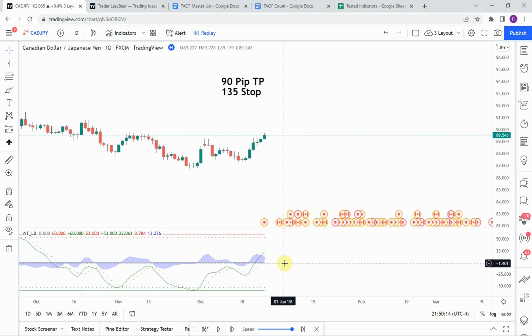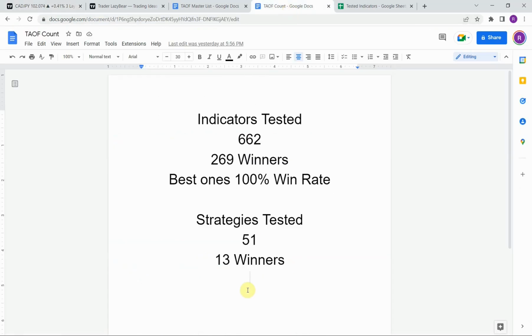Alright, as I said, today we will be testing the wave trend oscillator. Before we do though, I wanted to put the testing scoreboard up for everyone to see. So to date, we have tested a total of 51 different strategies, with 13 of them being profitable. We have also tested a total of 662 indicators, with 269 of them being winners.